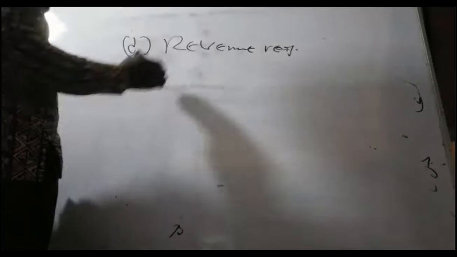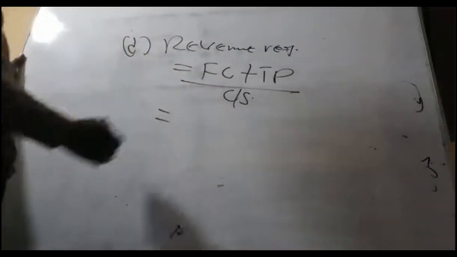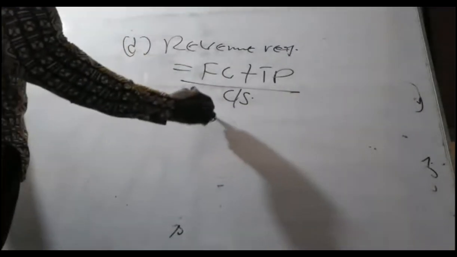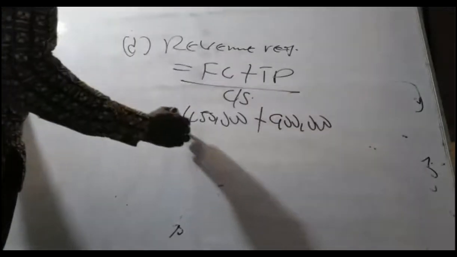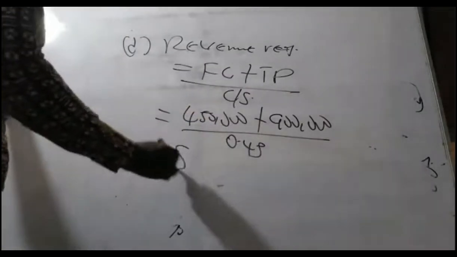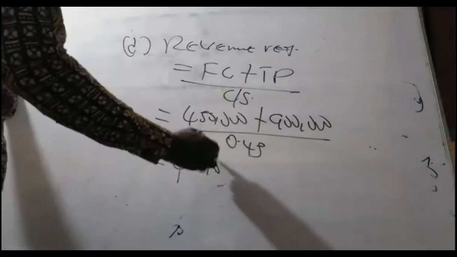So D, tell the examiner that revenue required is equal to fixed cost plus the target profit, all divided by the CS ratio, which is equal to fixed cost of 450,000 plus profit of 900,000, all divided by 0.45, and that gives us 3 million dollars.